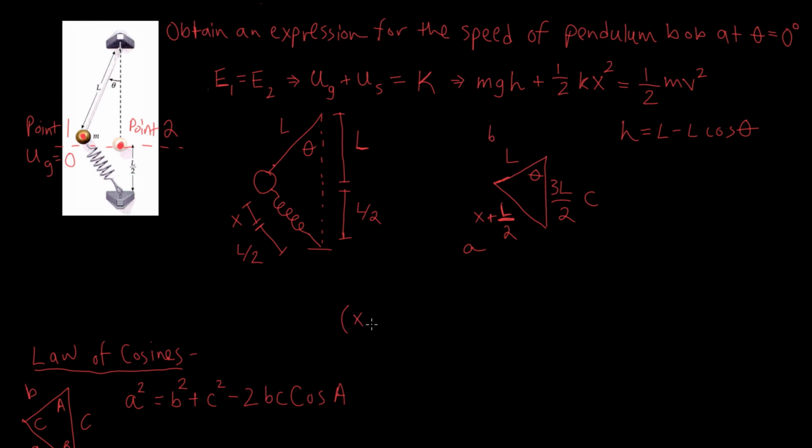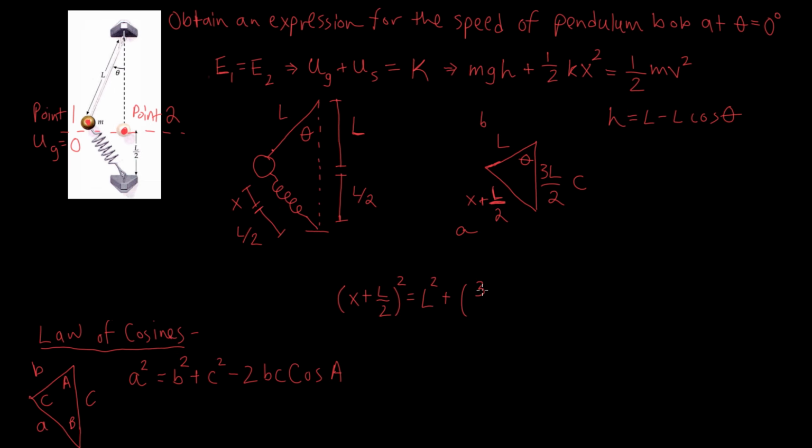So we have side A squared, which is just x plus L divided by 2 squared, and that equals B squared plus length C squared, minus 2 times the length of B times C times the cosine of angle A, which corresponds to theta.